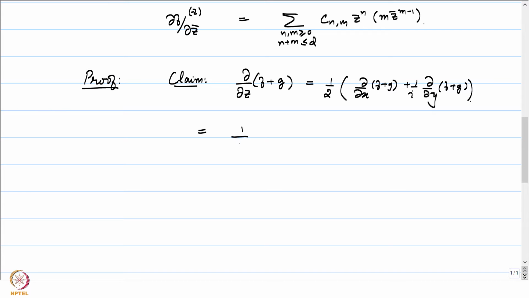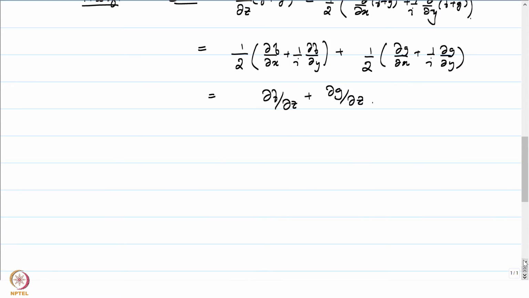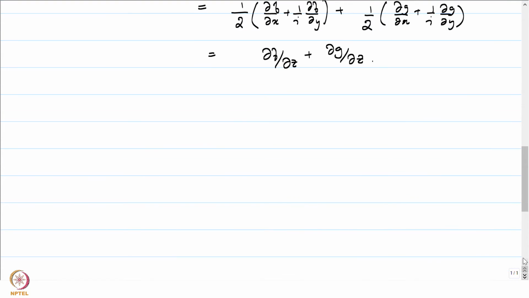So I will just directly write this as half of dou f by dou x plus 1 by i times dou f by dou y, plus half of dou g by dou x plus 1 by i times dou g by dou y. And this is equal to dou f by dou z plus dou g by dou z. So yes, linearity is satisfied by the Wirtinger derivatives. A similar proof will give a similar statement about dou by dou z bar.